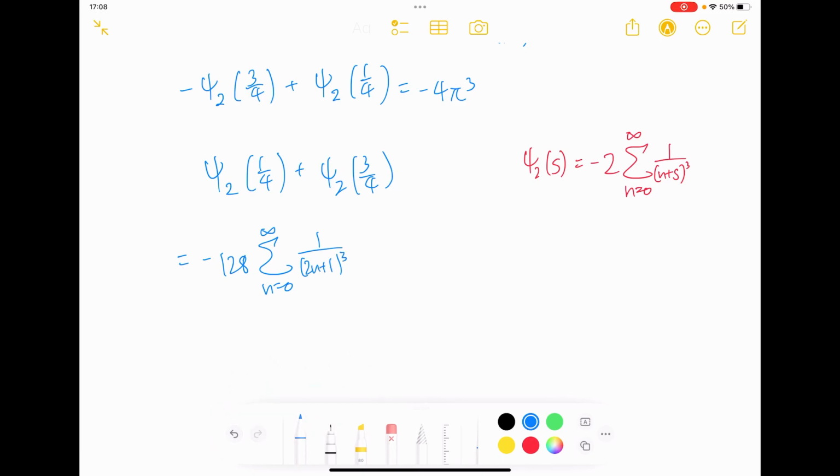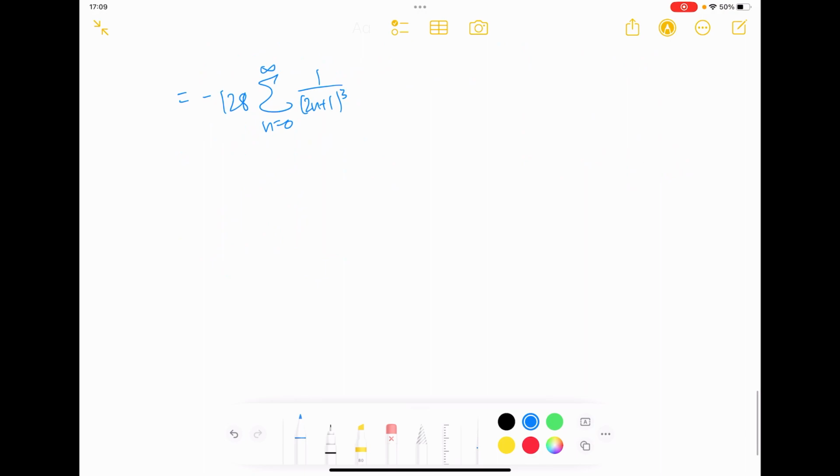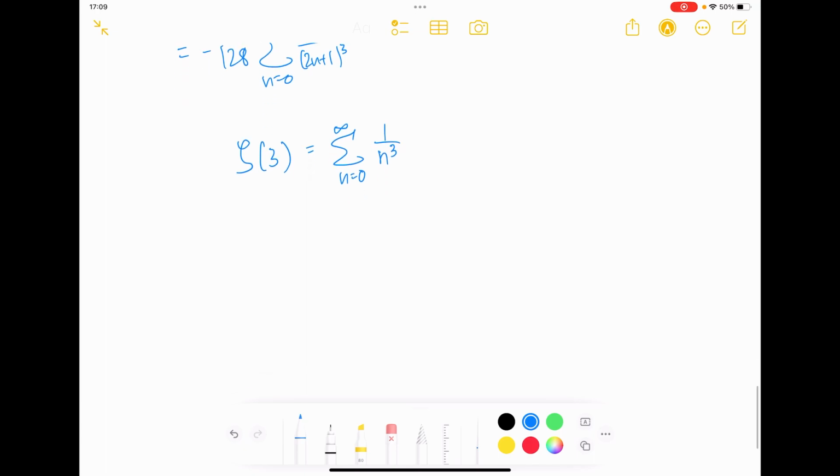And this is awfully similar to the Riemann zeta function evaluated at 3. So let's consider that and see if we can get anything out of it. The Riemann zeta function evaluated at 3 has this sum representation. And if we change n to 2n, if we consider only the reciprocal of the even numbers cubed, factoring out a half cubed, that's going to get us an eighth times the sum of 1 over n cubed, so that's an eighth of zeta 3.